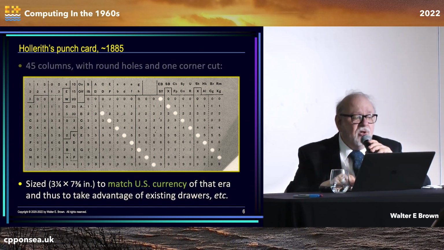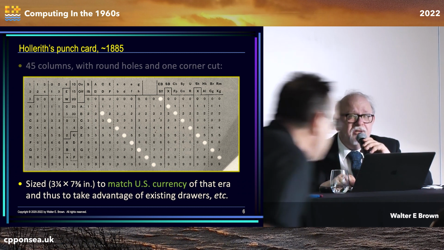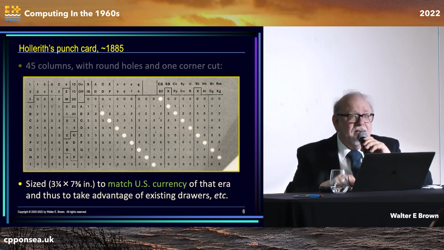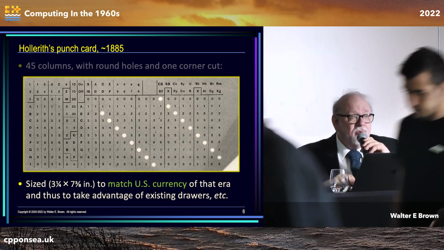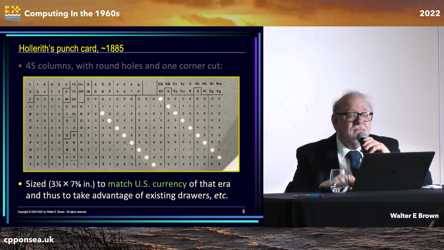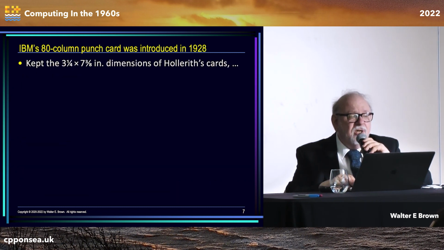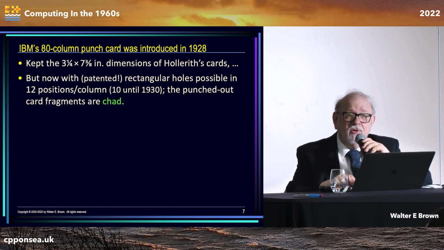The size of the card was not arbitrary. It was chosen to match the size of US currency of that era. And therefore, we could take advantage of existing drawers, etc. We could use office equipment. Now, the punch card that most of us are familiar with was introduced in 1928, kept the same dimensions, but now the holes were rectangular, and that was patented.